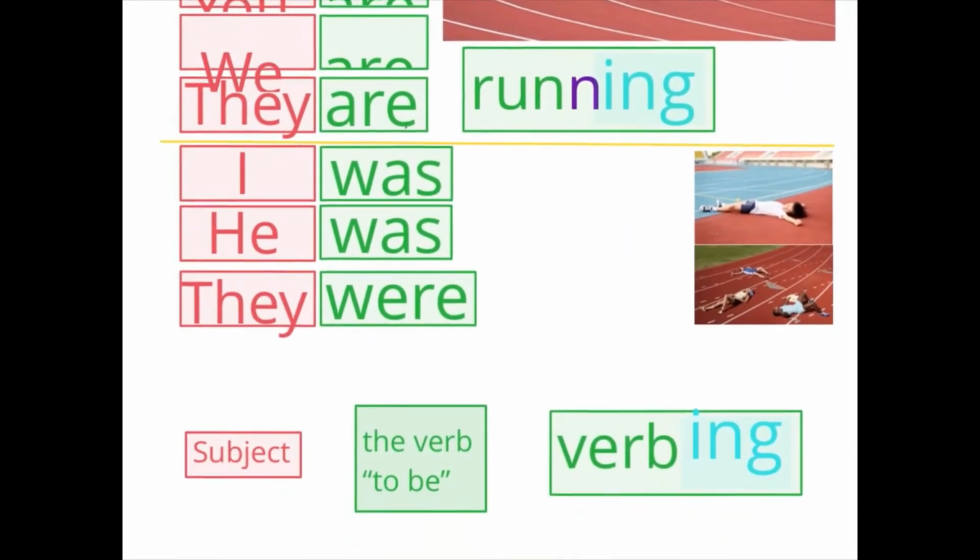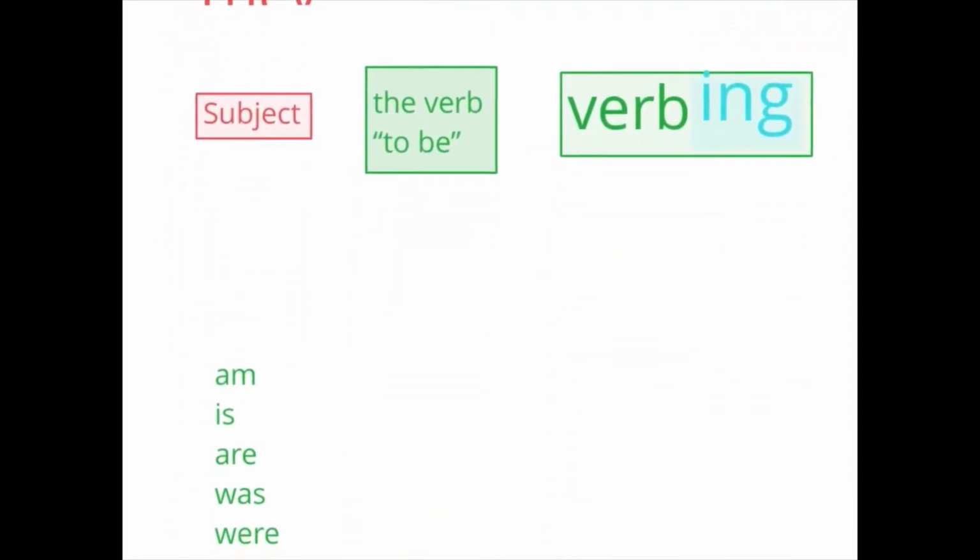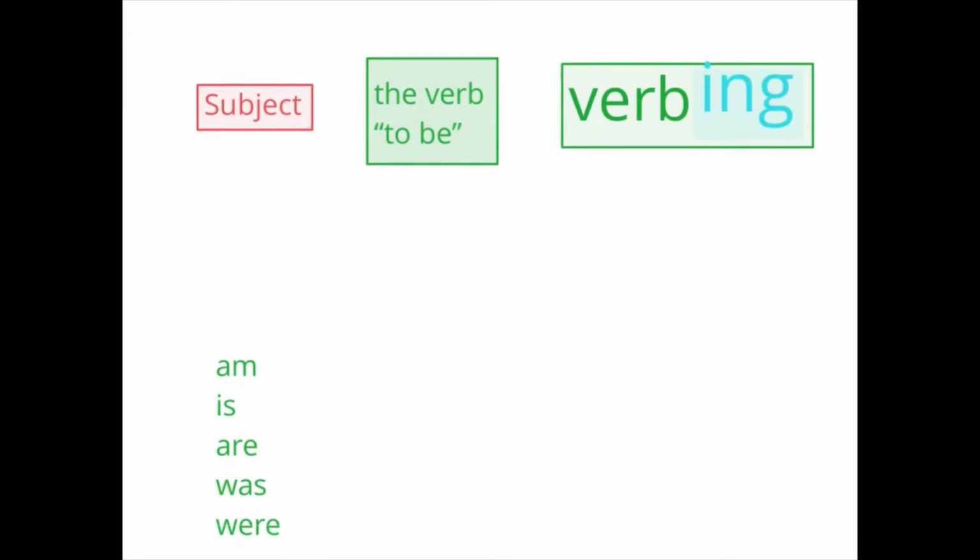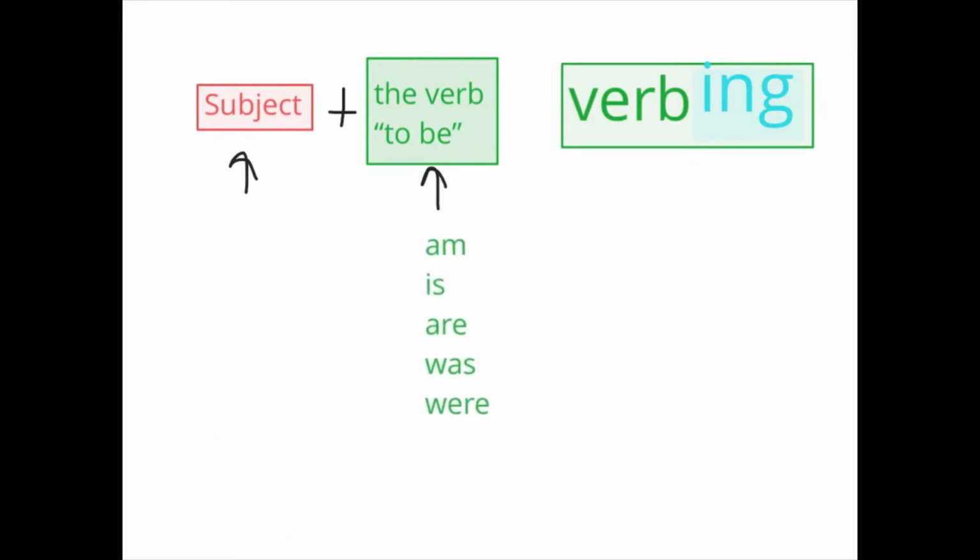This type of sentence is easy to remember if you know the pattern. The pattern is when we have the subject plus the verb to be, and the verb to be is am, is, are, was, were, plus an action verb plus ing.